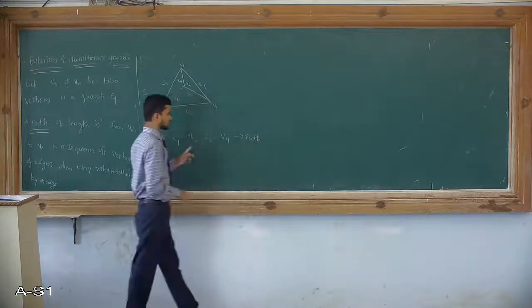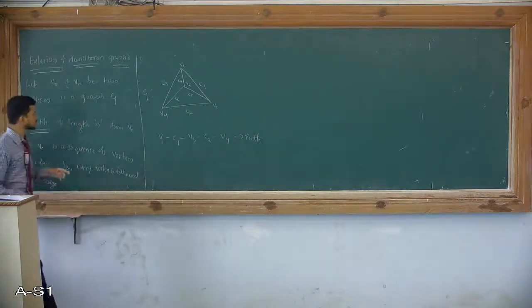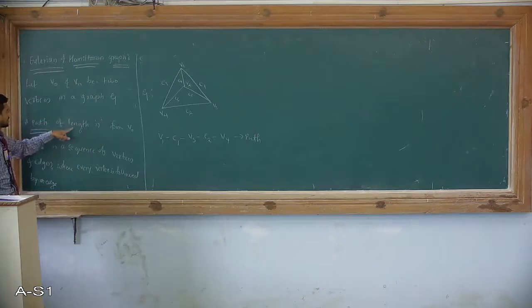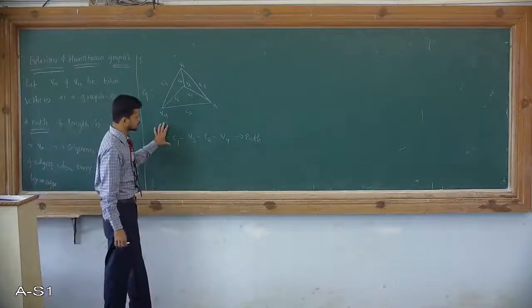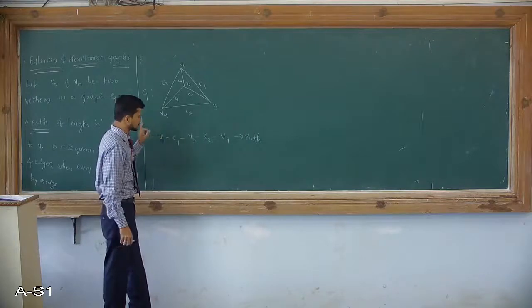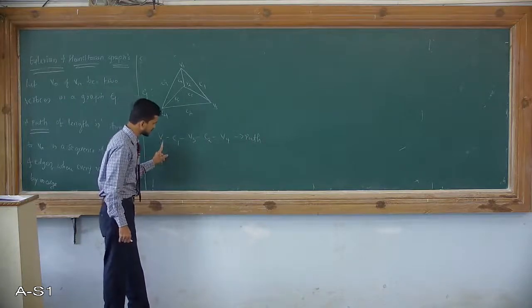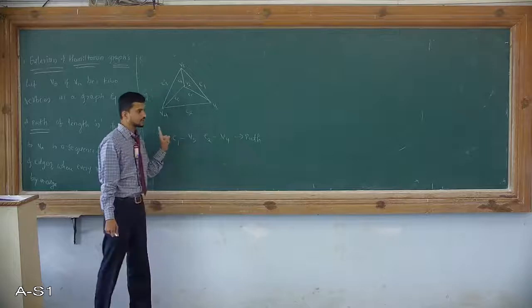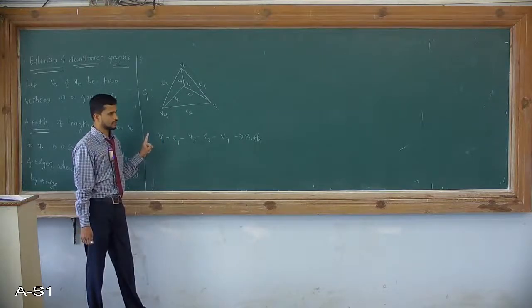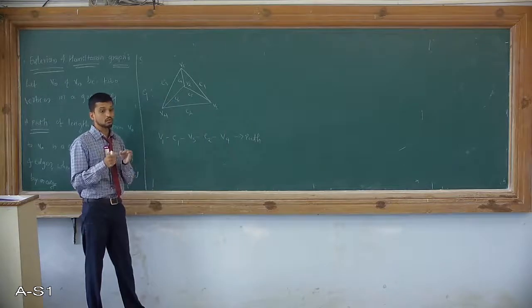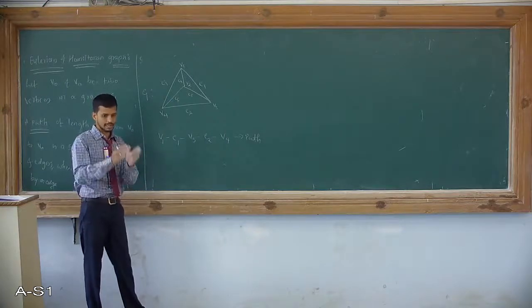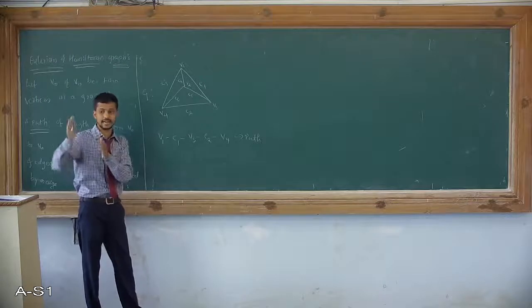The number of vertices in this path is 3. So what will be the length here? Length n, from V0 to Vn, is a sequence of vertices and edges. What we need to follow is a sequence: vertex, edge, vertex, edge, vertex, edge and vertex.